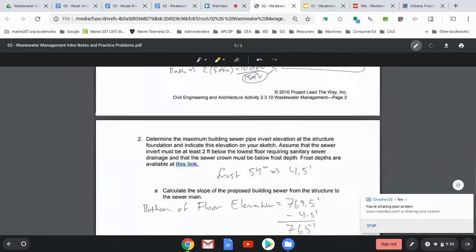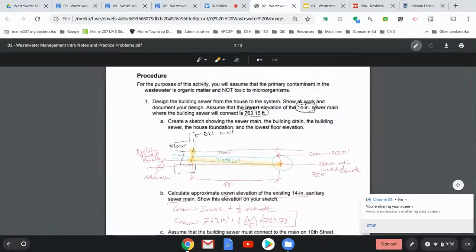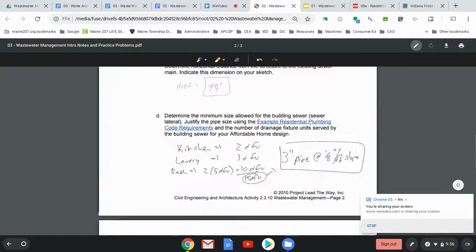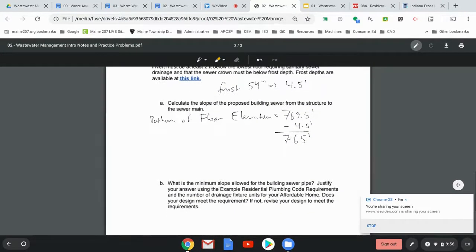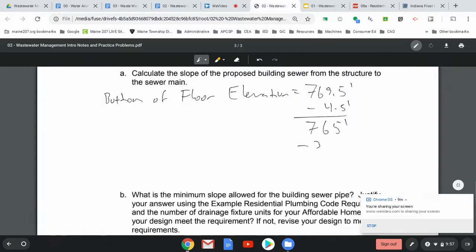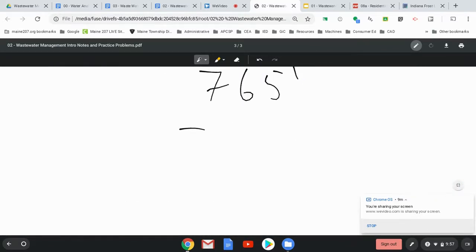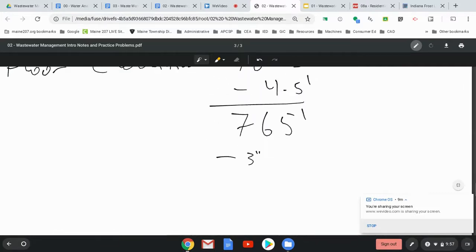And then, so what that did is that took me to the top of my pipe. I need to go down to the bottom of my pipe. So subtract 3 inches, but I can't do inches and feet, so divide that by 12.